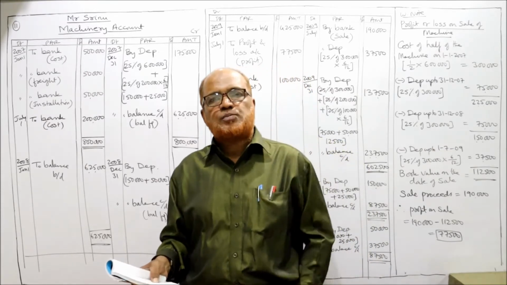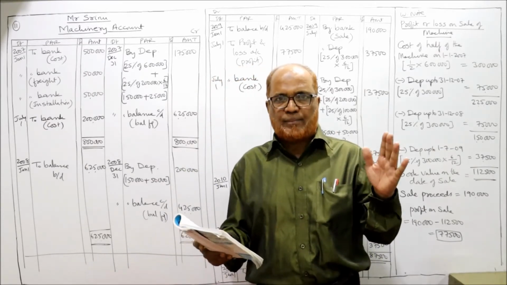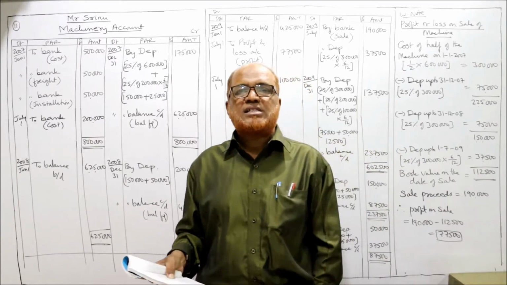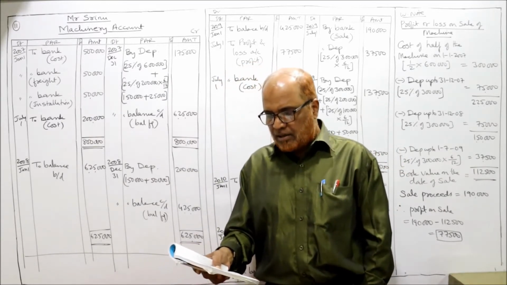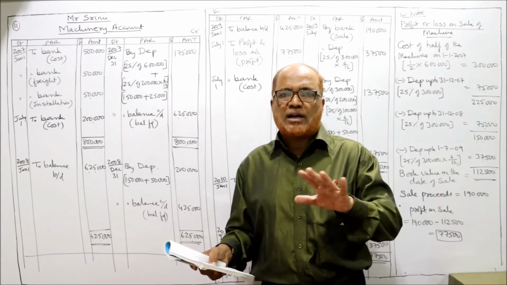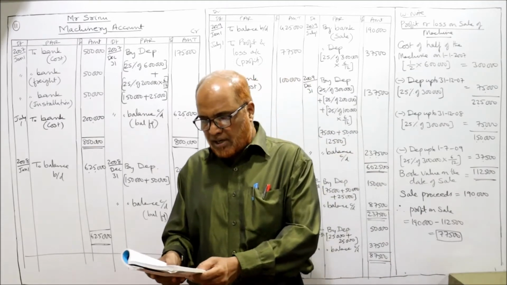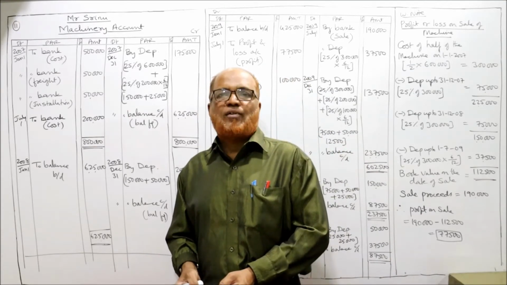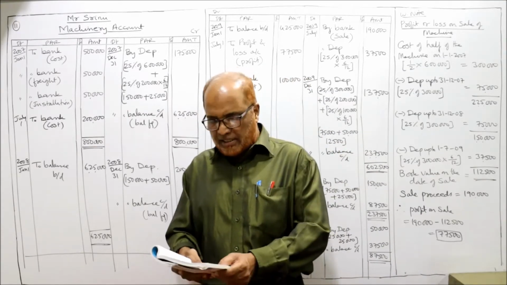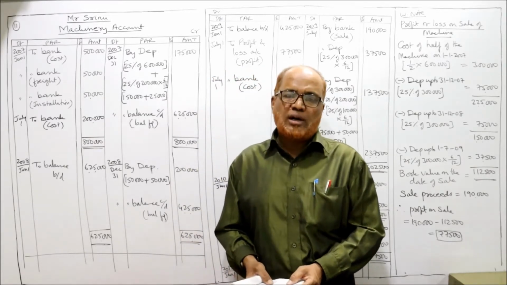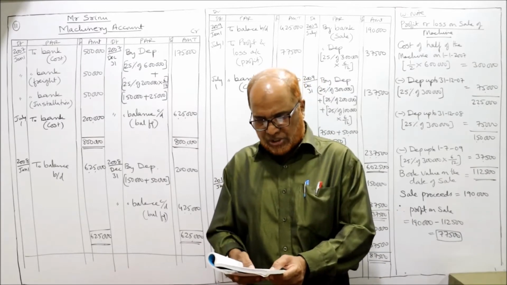The first machine was purchased on 1st January 2007 and was sold on 1st July 2009. Half of the machine is sold, not the complete machine, for rupees 1,90,000, and he purchased another machine for rupees 1 lakh. So on 1st July 2009, 1 machine was sold and 1 more machine purchased.